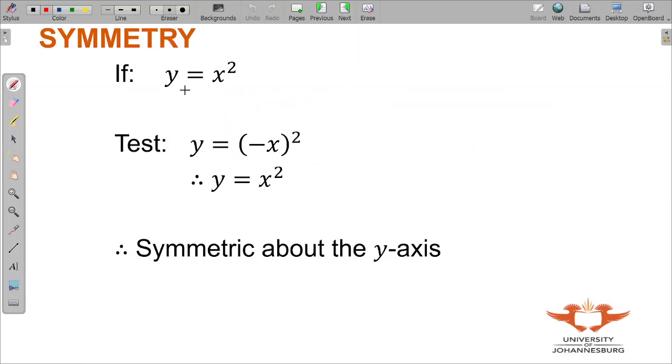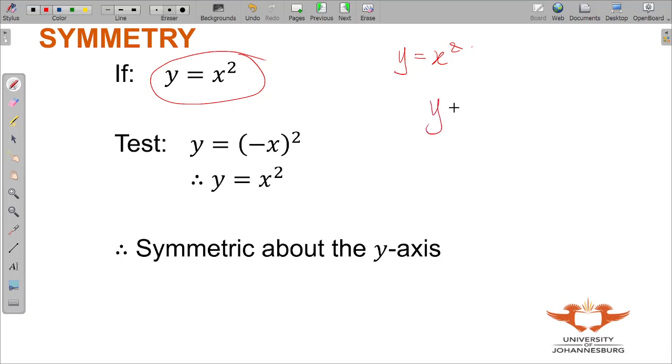Now, for example, we have this equation given to us, y equals x squared. We want to test if this is symmetric about the y-axis. Don't forget, when you want to test for symmetry about the y-axis, you just replace x with negative x.